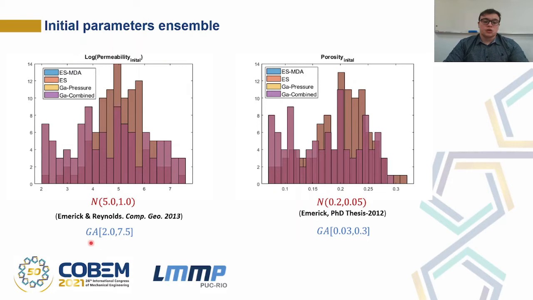For the genetic algorithm, we set a limit of 2.0 to 7.5. For the porosity, a normal distribution with mean 0.2 and standard deviation of 0.05 was used for the ensemble methods, and for the genetic algorithm we set the limit of 0.03 to 0.3.